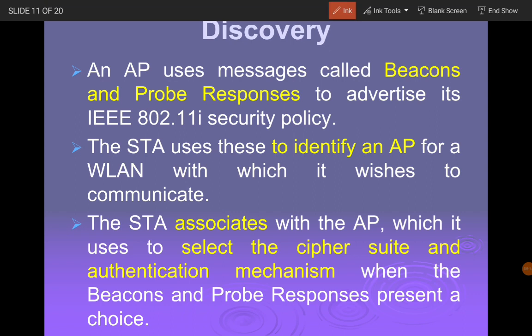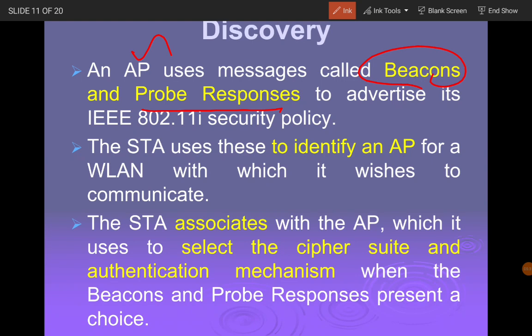So the first phase is discovery. The access point uses messages called beacons and probe responses to advertise that it has the IEEE 802.11i security policy.